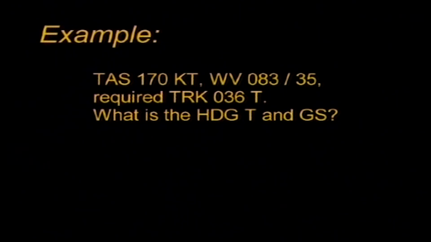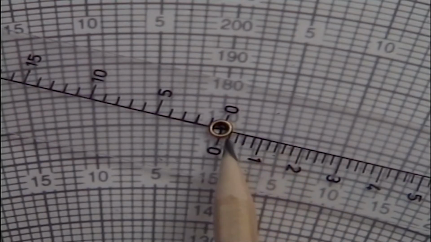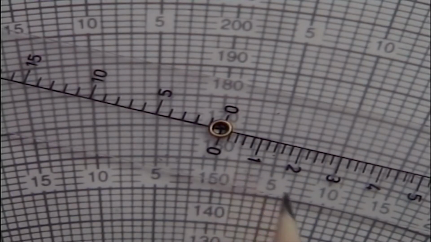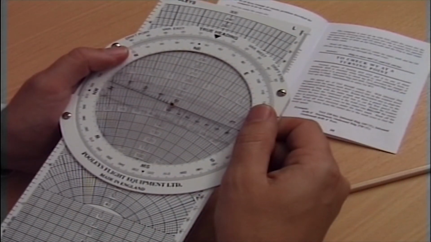This is the practical example that you use in everyday flight. TAS is 170 knots, so use the low speed side. Move the slide so that 170 knots appears underneath the central dot. Rotate the inner scale to a required track of 036.